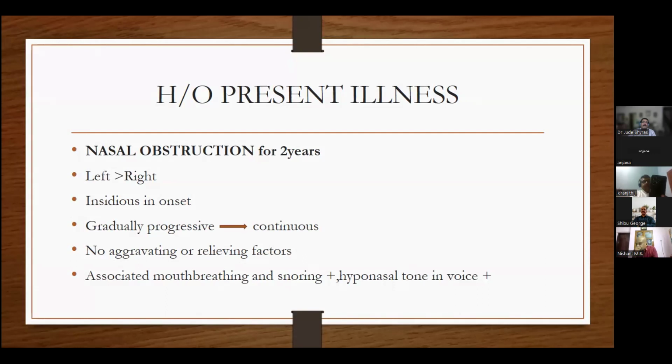Initially unilateral nasal obstruction, then later on turning bilateral. Antrochoanal polyp. Okay, and what else? So what should be the answer? A mass in the nose or nasopharynx can cause nasal obstruction that is initially unilateral and later becomes bilateral. Okay, this is the idea. Please carry on.